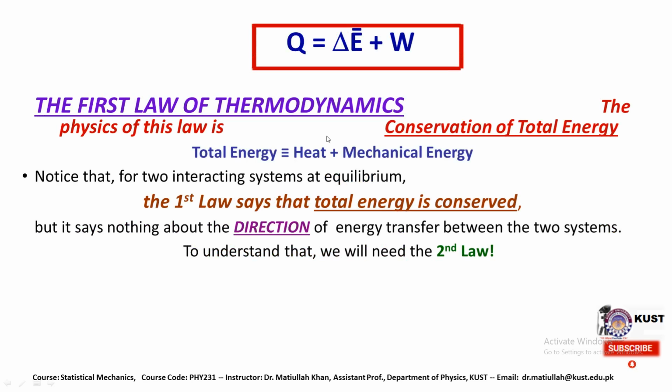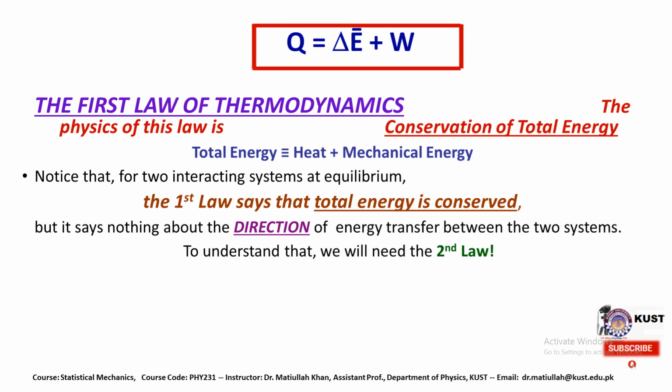So from it we can get the two interacting systems at equilibrium. The first law says that the total energy is conserved, but it says nothing about the direction of energy transfer between the two systems. In the first law of thermodynamics, the direction of energy is not specified.